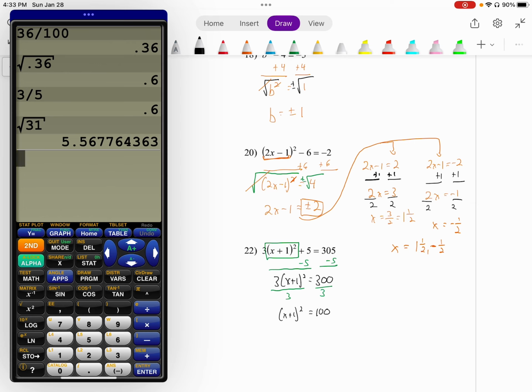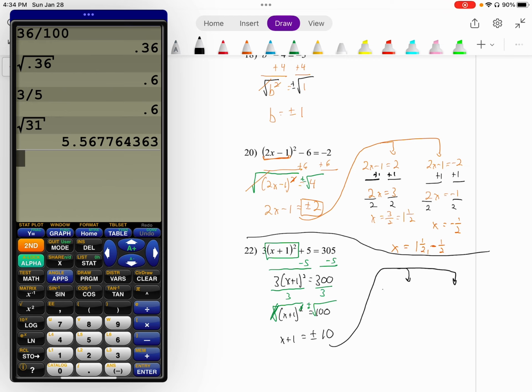And now we have isolated the squared, which means now we can take the square root of both sides. Make sure you put the plus or minus over here by the square root. On the left, the square root cancels with the squared, and we're left with x plus 1. Over on the right side, the square root of 100 is 10, so we have plus or minus 10. And we'll do the same thing as we did on number 20. We'll come over here, and we have 2 parts.